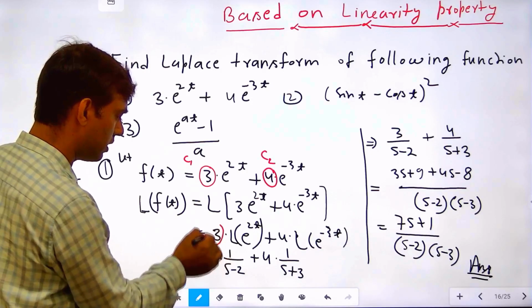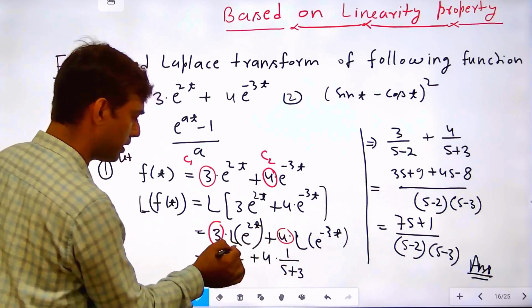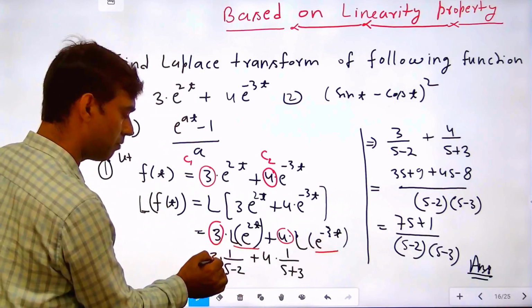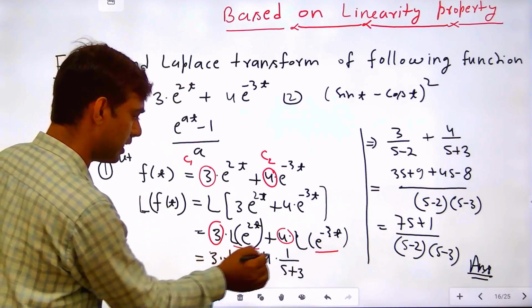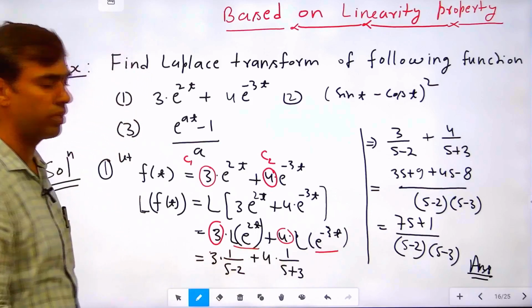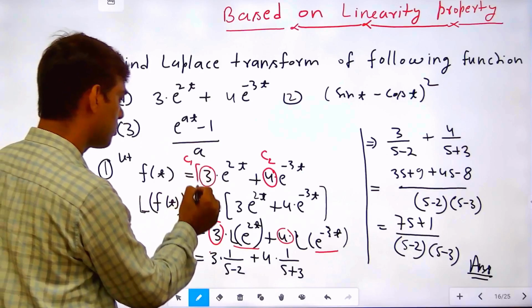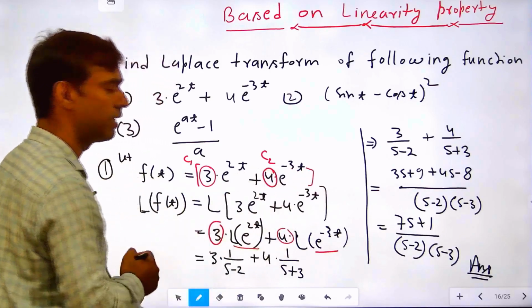We take C1 and C2 outside, find the Laplace transform of F1 t and F2 t, and multiply by 3 and 4. Then we are able to find the Laplace transform of this whole function using the linearity property.